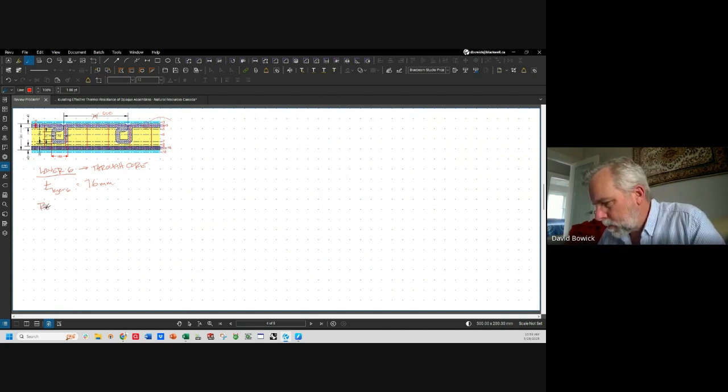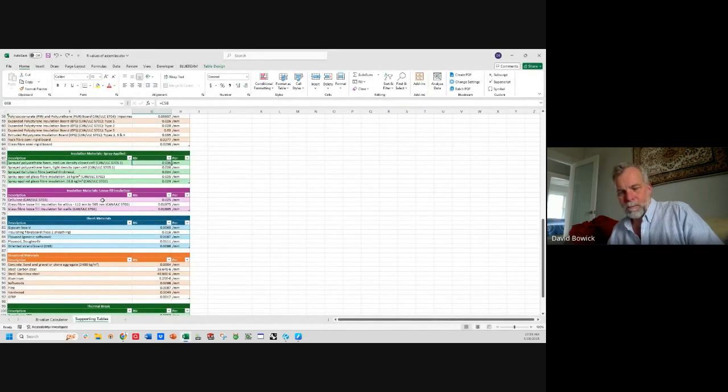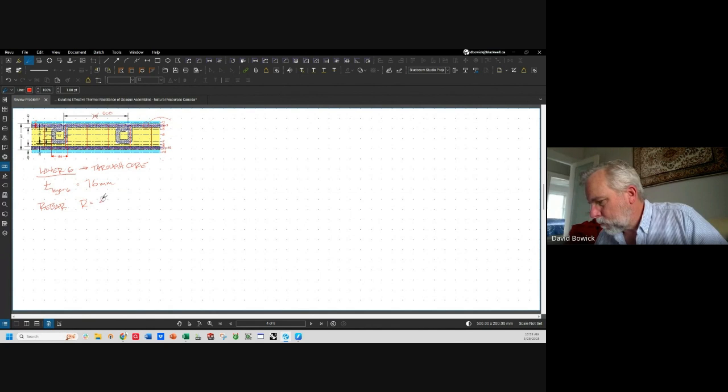Rebar. R equals. We're going to look it up again. Structural materials, stainless steel, 49.88 times 10 to the minus 6 meters squared, degree Kelvin per watt per millimeter times 76 millimeters.